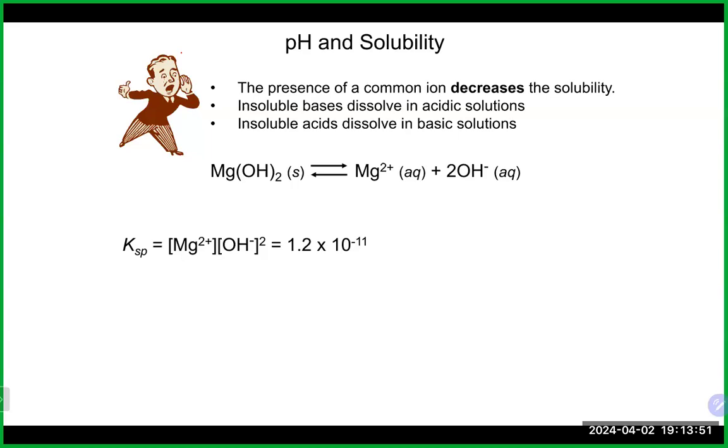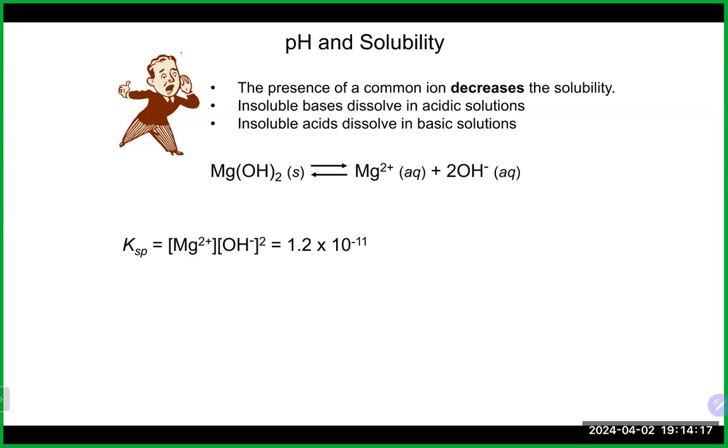The goal of that, as we talked about, is to allow certain ions to remain in solution because they're going to be more soluble in that pH environment, and some will be less soluble and come out of solution. So insoluble bases will dissolve in acidic solutions, and insoluble acids will dissolve in basic solutions.